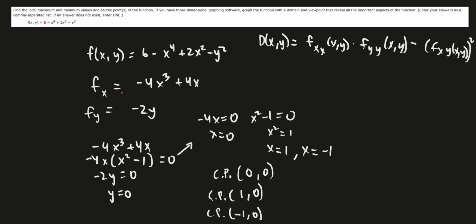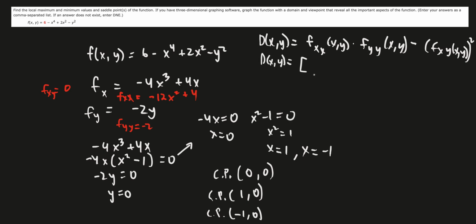Let's find f_xx at (x,y). Well, f_xx is just minus 12x squared plus 4. f_yy is just minus 2. And then f_xy is actually 0, because remember, it's with respect to y, treating x as a constant, so 0.